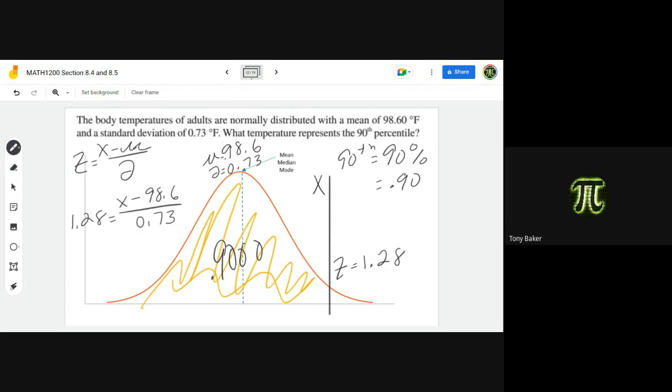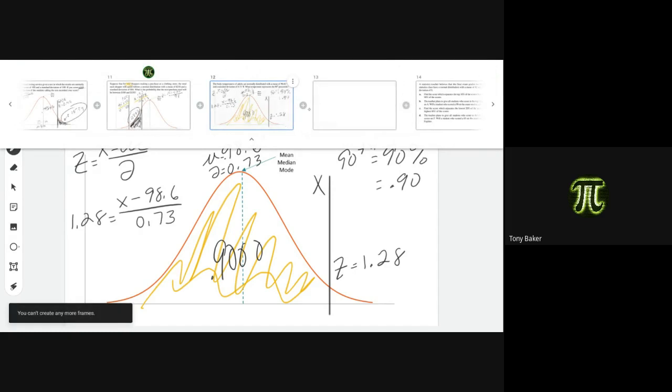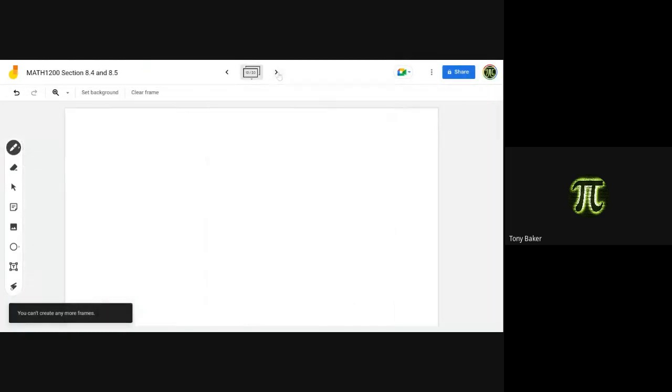Now I have to do some algebra and solve for X. So I've got to multiply by the 0.73 to get rid of division. Hold on. So this is my formula, because I'll actually walk through the steps for this.